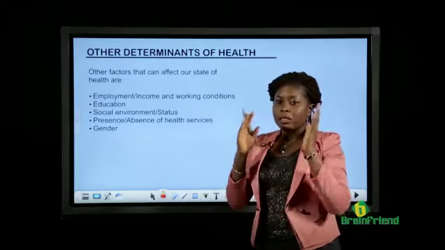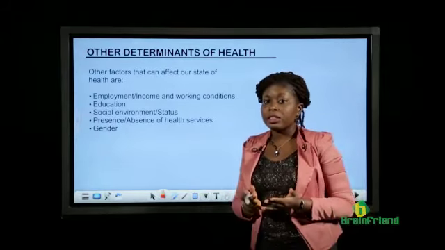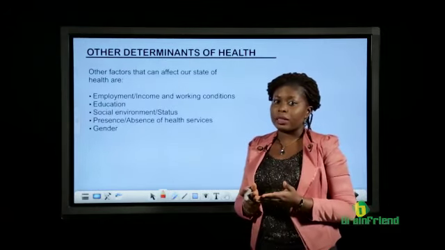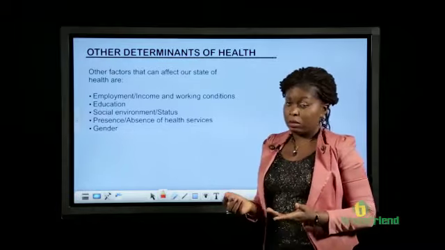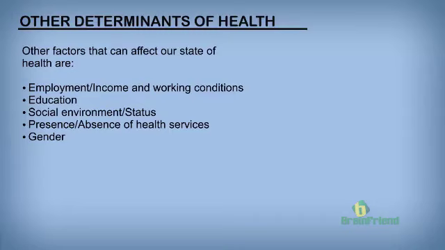Having talked about the three main determinants of health, remember we said they are heredity, lifestyle, and environment. It's also important for us to know that there are other factors that affect our state of health. They are employment, income, and working condition of people.